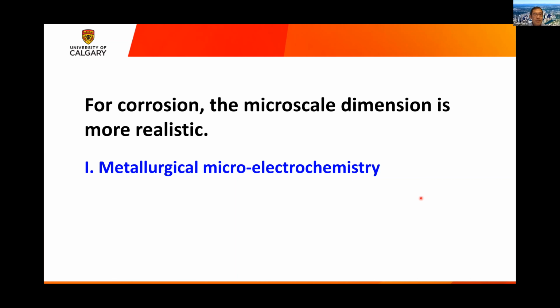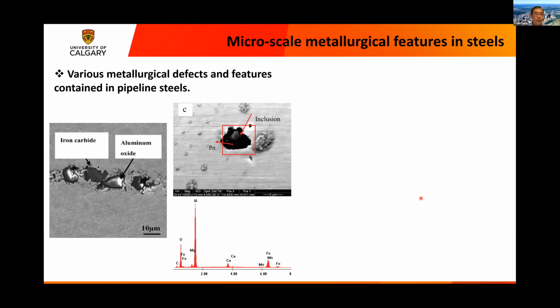The first one is the metallurgical micron electrochemistry. I just mentioned in the metal, we usually have different types of micron-scaled metallurgical features, such as non-metallic inclusions and some of the precipitates and the secondary phases. So these are typical micron-scaled metallurgical defects.